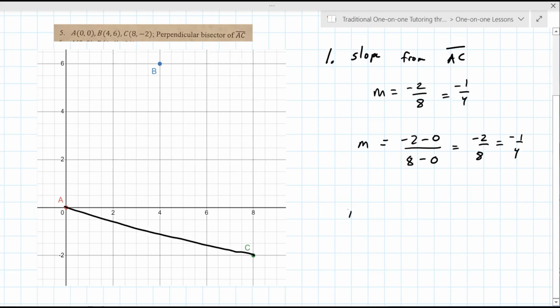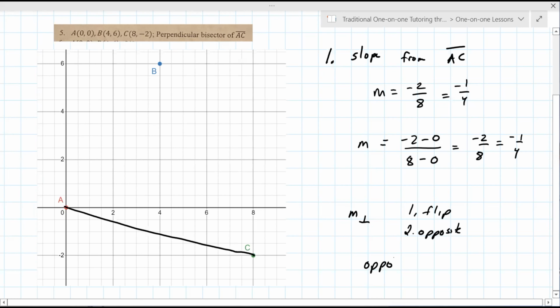Okay, so we need the perpendicular slope, and to get the perpendicular slope, you have to do two things. You have to flip and then take the opposite, and sometimes it's called the opposite reciprocal. You flip the fraction, or you flip the number, whatever it is.